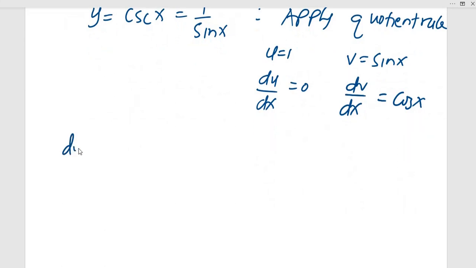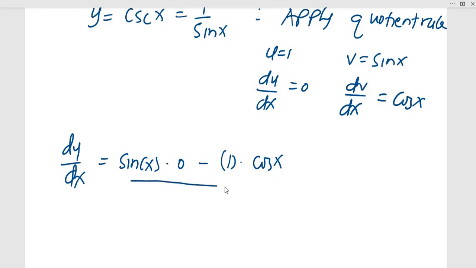Now I bring in dy dx, which is equal to v du dx. v is sine of x, times du dx, which is 0, minus u, which is 1, times dv dx. dv dx is cos x.